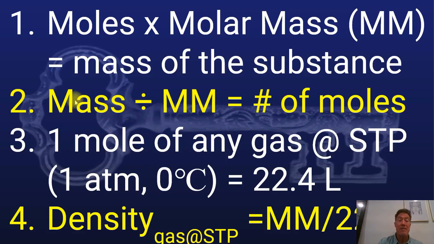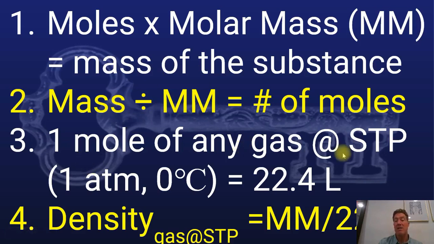If we take mass, say 36 grams of carbon, and we divide it by the molar mass, 12 grams per mole, then we can tell we have 3 moles. Again, the mole allows us to count by weighing.